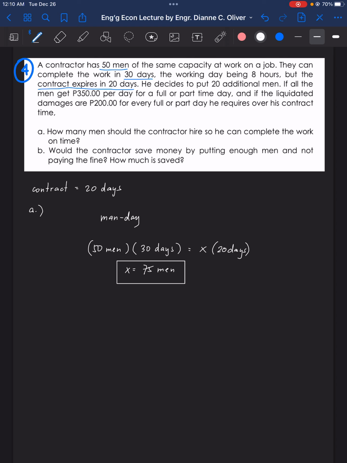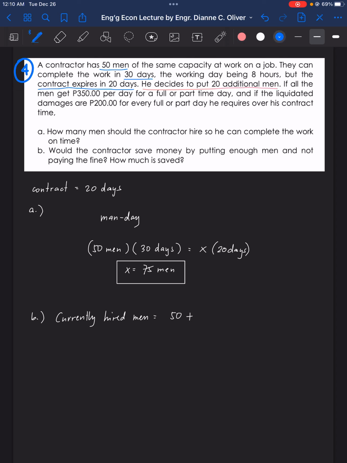First, we will need to know that the contractor already had 50 men currently. So let's say the currently hired men is equal to 50 plus, the statement here says, he decides to put 20 additional men.